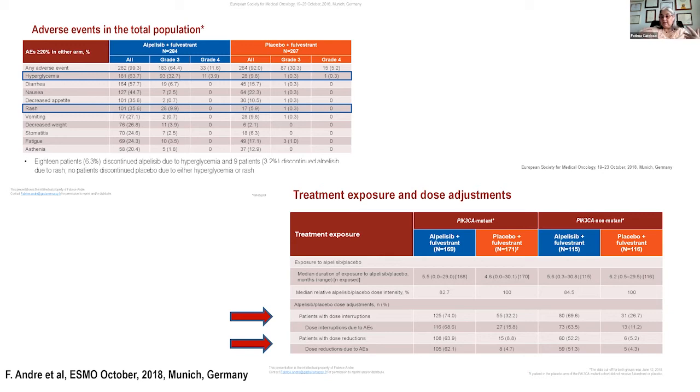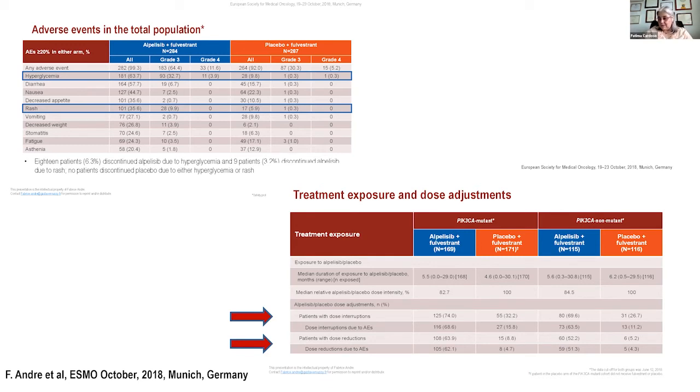So when you look at a presentation of a drug and someone tells you it was manageable, be critical. Everything is manageable. It doesn't mean that everything is well tolerated, okay?